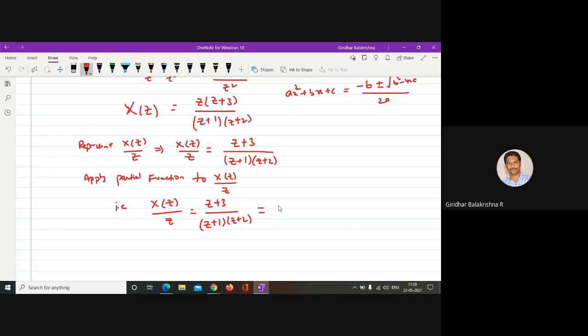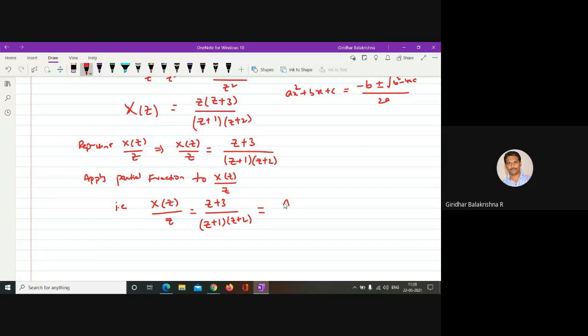So if you apply partial fractions, how to write it? A by z plus 1 plus b by z plus 2.